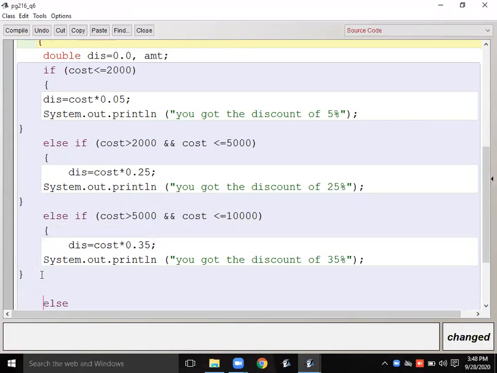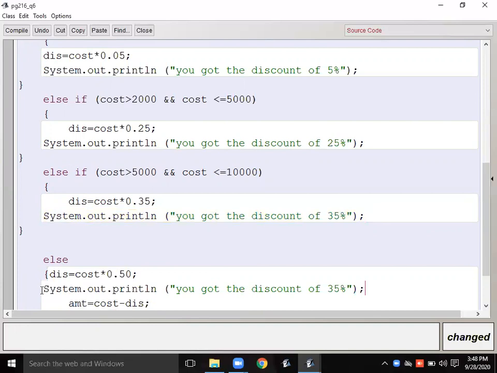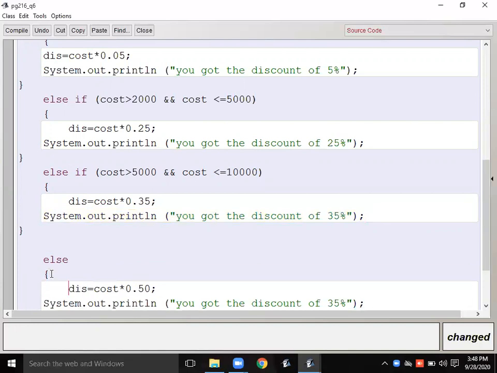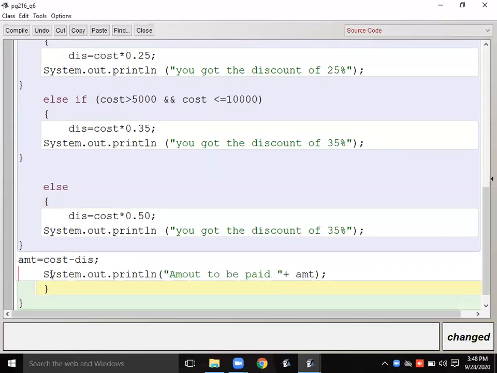after it, in the else, 50% discount, then you can write this 50% discount also, right? Then after that you will calculate the amount to be paid.